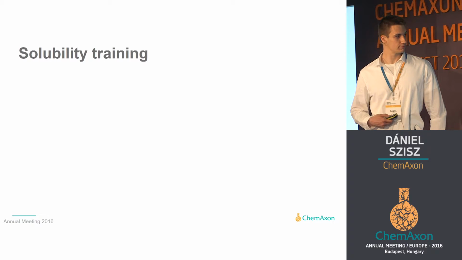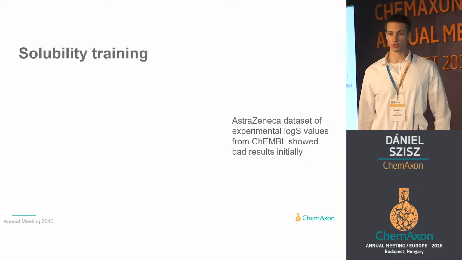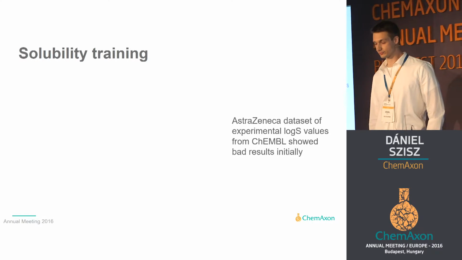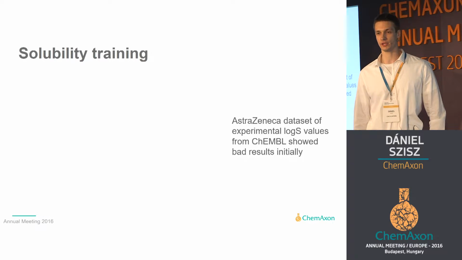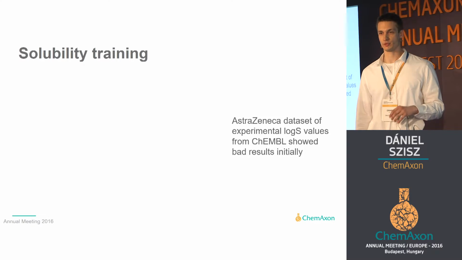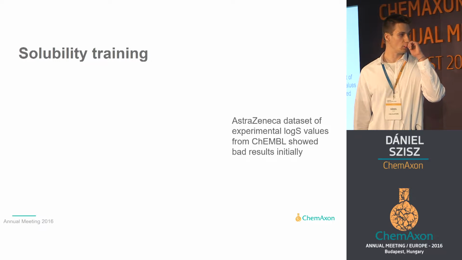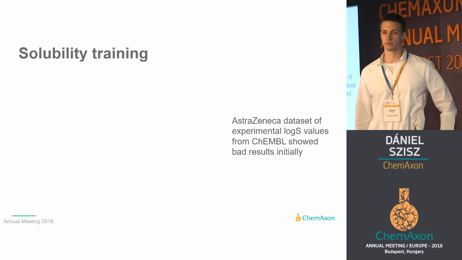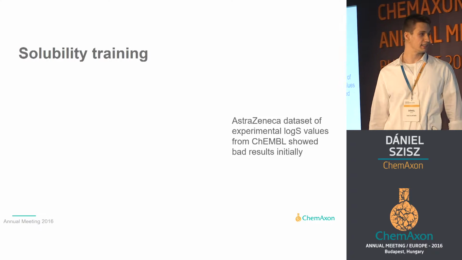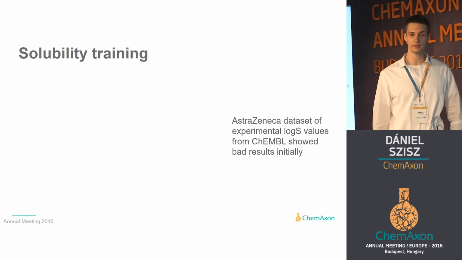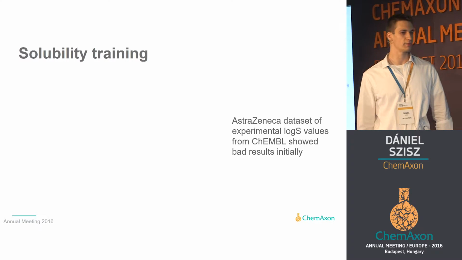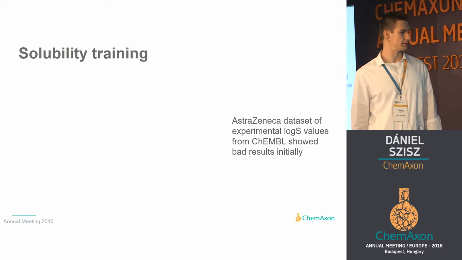The first of them is the solubility training feature. We started to develop this feature from a benchmark. So we obtained an open experimental data set of solubility values from AstraZeneca, which showed not very good results using our basic solubility calculator.